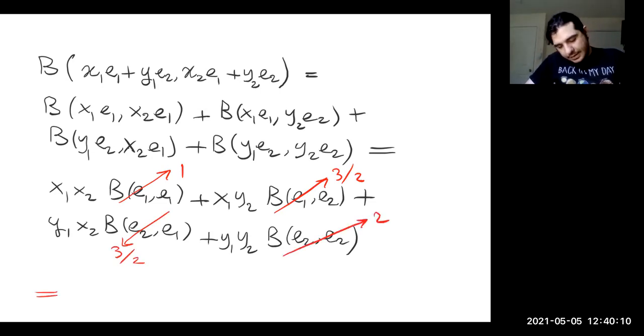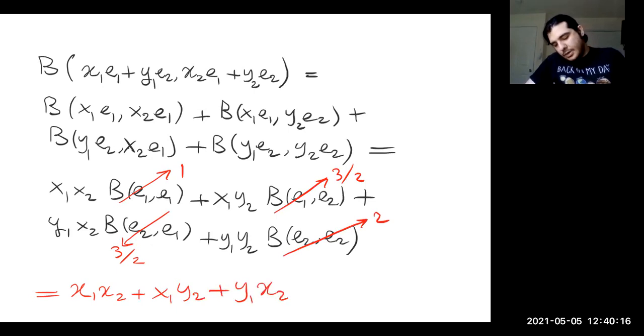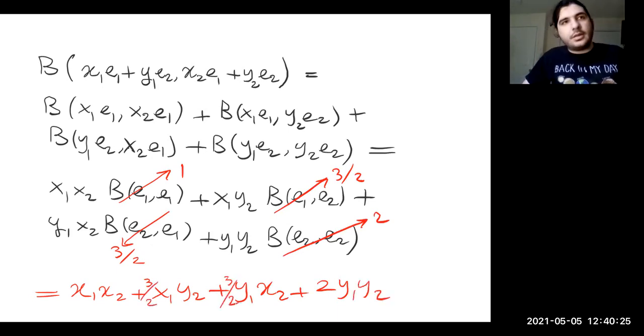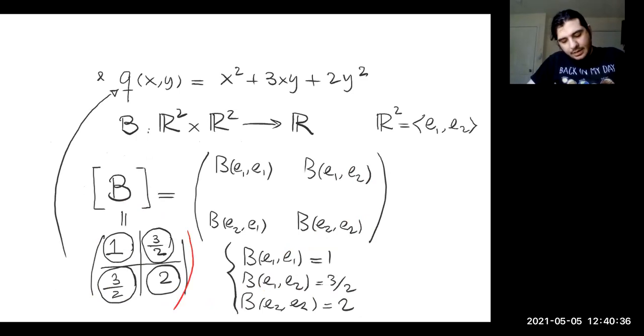So we would get x1 x2 plus 3 over 2 x1 y2 plus 3 over 2 y1 x2 plus 2 y1 y2. So this would be the explicit bilinear form given by that quadratic form, and its matrix is exactly the one given here. That's the point.